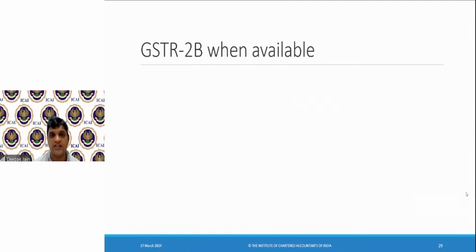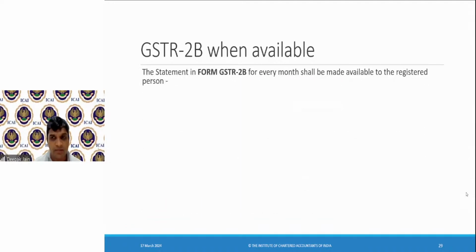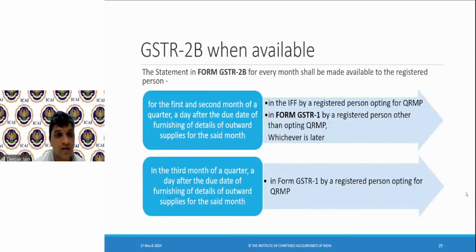Now, when is my GSTR-2B available? The statement in GSTR-2B shall be made available to the registered person for the first and second month of a quarter a day after the due date of furnishing of the details of outward supplies for the said month. We know that some people will file IFF, and some monthly filers will file GSTR-1.